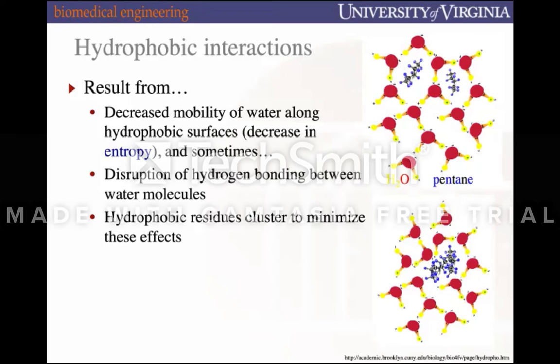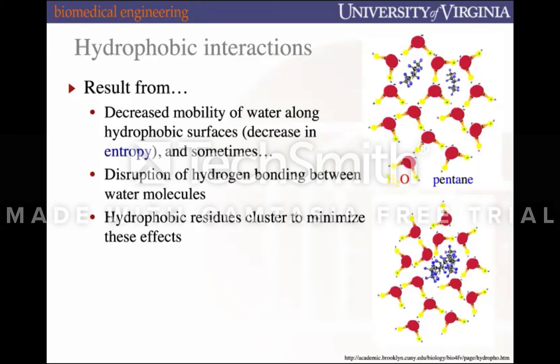But this decreases the mobility of water, the randomness or mobility of water, and that randomness is called entropy. In thermodynamics, you cannot decrease entropy. It only increases. We typically say in thermodynamics that we cannot create energy. Here, you want to increase entropy. That's the backdrop of hydrophobic interactions.